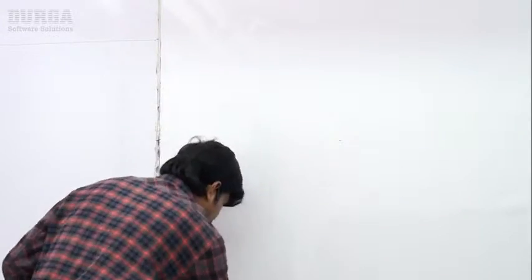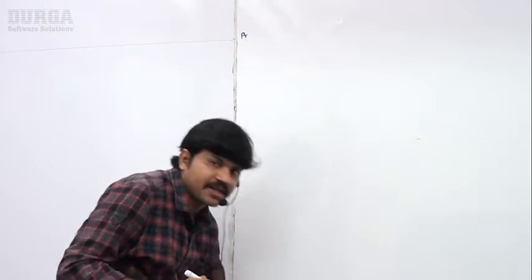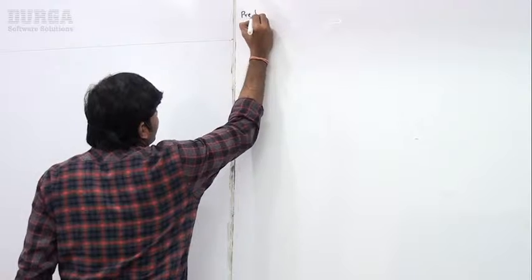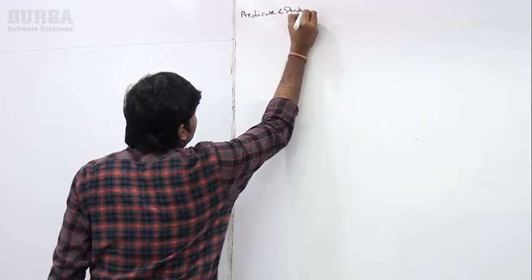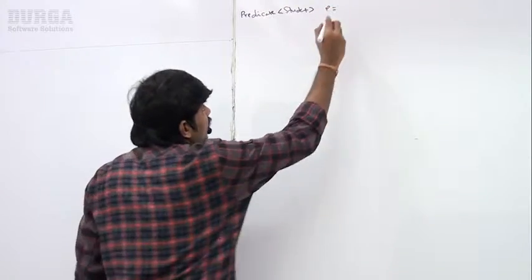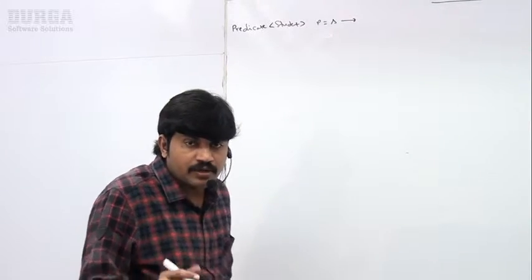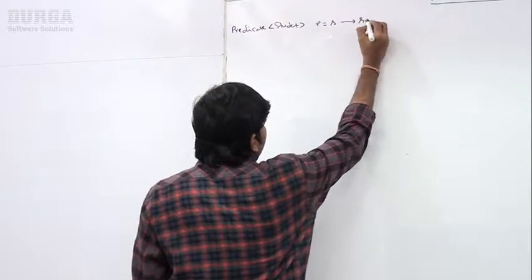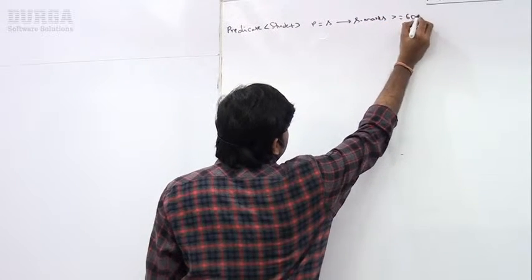Like here, see this one, sir. I'm ready to write the predicate concept, right? This predicate is always going to take a student object as the input, Predicate P. If I provide a student object, what condition my predicate has to check is whether the student marks are greater than or equal to 60.